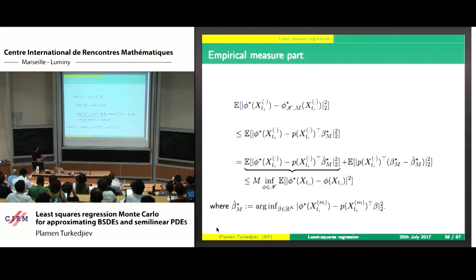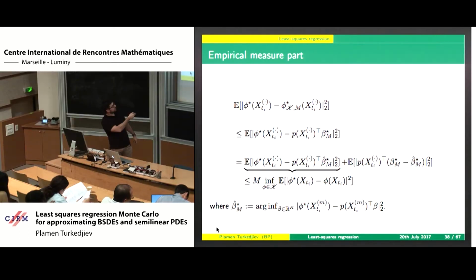Basically, we have to introduce a few intermediary terms. In the first step, if you recall, I had the truncation to make sure that my approximation was within the bounds minus L and L, the same bounds as my true solution phi. So that just gives a simple inequality there.